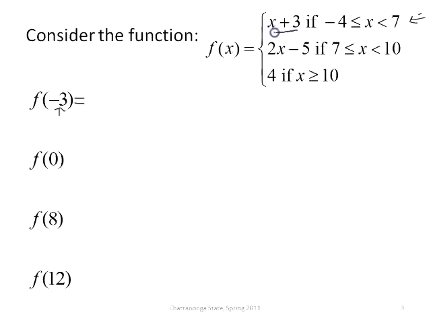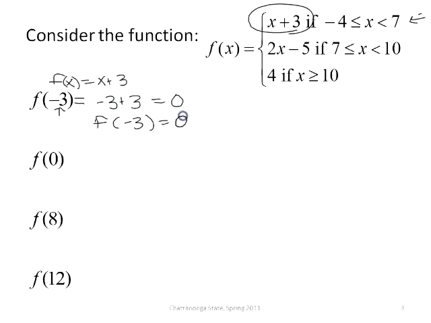So I need to use this part of my function to find f of -3. I'm going to use f of x equals x plus 3. When I plug the -3 in, I get -3 plus 3, which gives me 0. So f of -3 is 0.